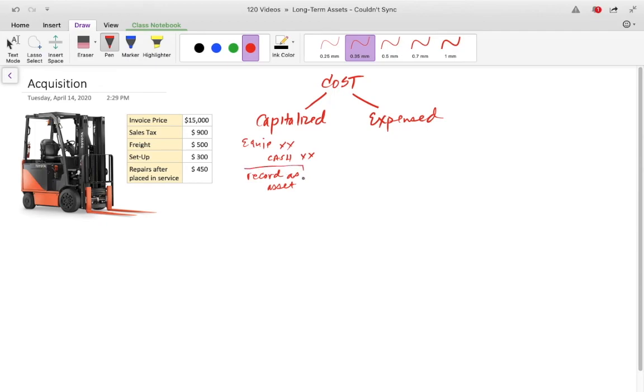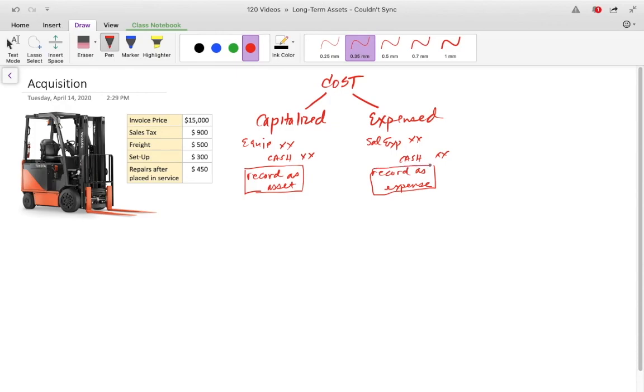Okay? That is called capitalizing a cost. However, when we pay salaries and we record salary expense and cash, we have expensed it. We are recording the cost as an expense.